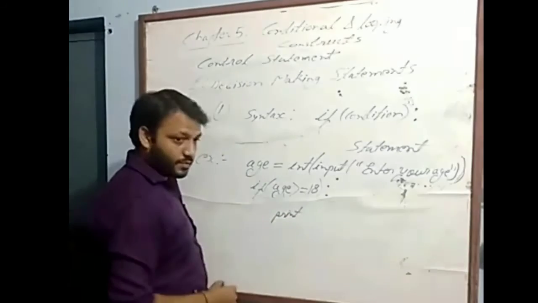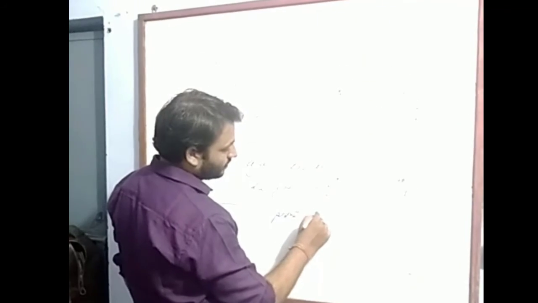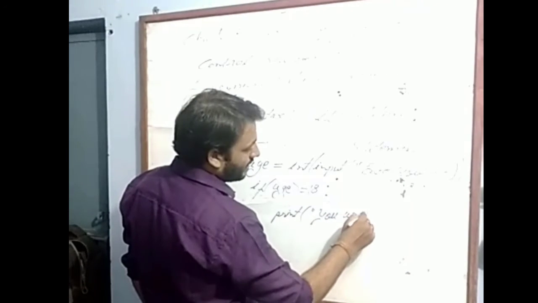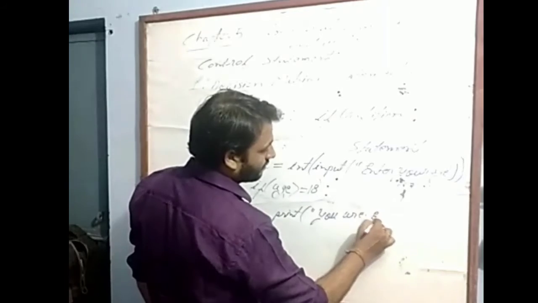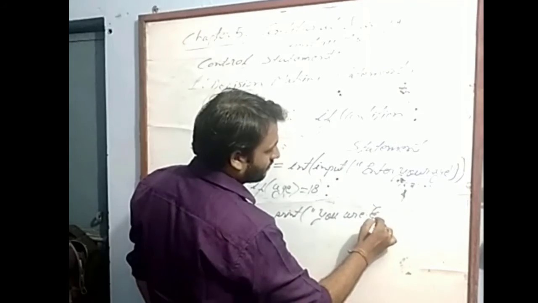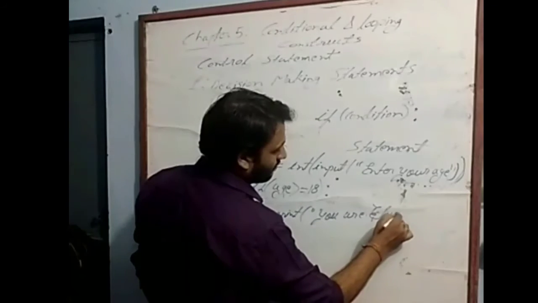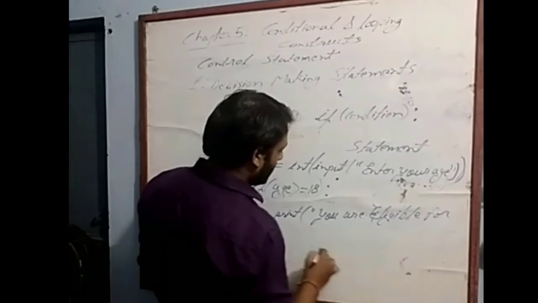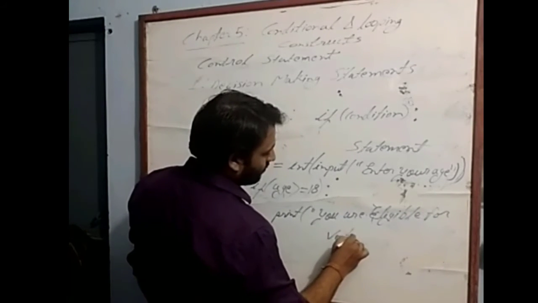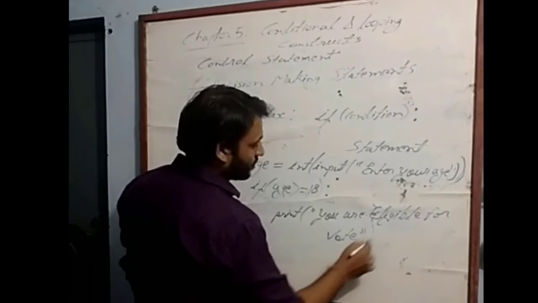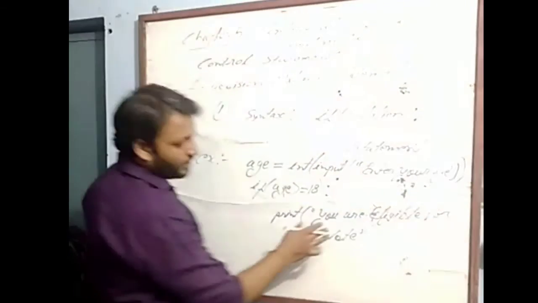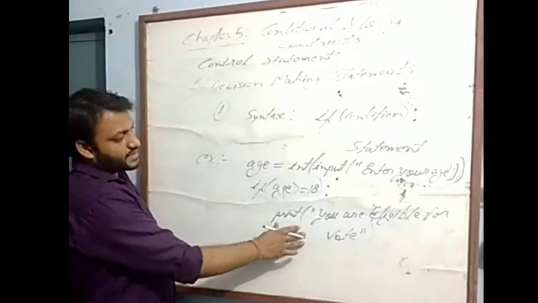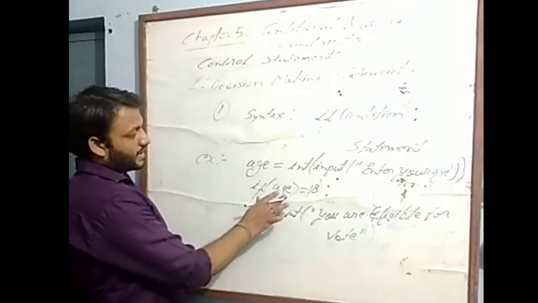You will write print there. What do you want to print? I want to print "you are eligible for vote." So simple, you can write it in a single line. That statement will be executed if the condition is satisfied.